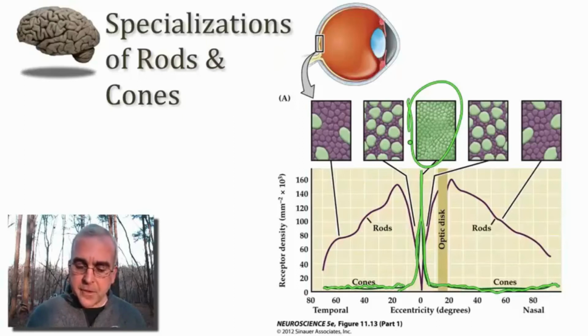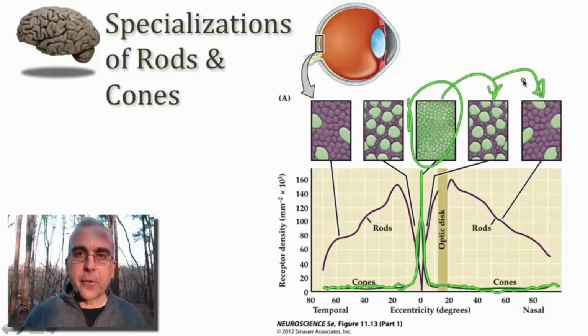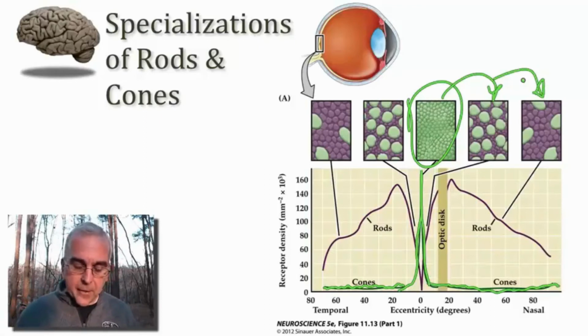As the cone system gets further removed from that center of vision, notice that there are far fewer cones that are present, and they tend to be much larger as we get out.